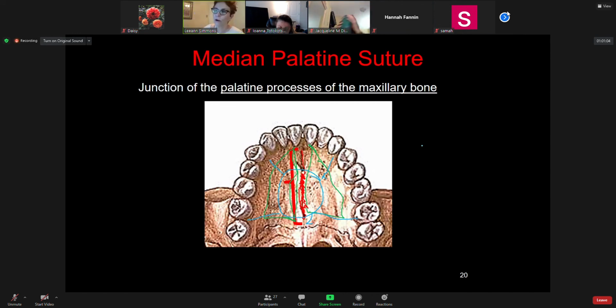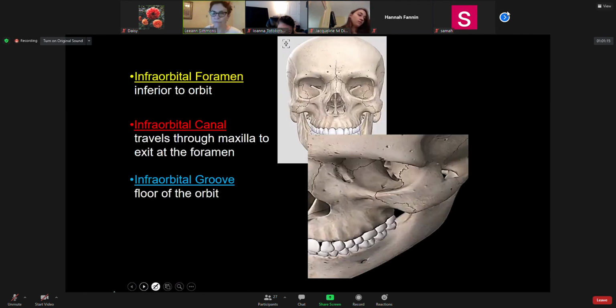And it's quite a process. It's a palatal expansion process. It breaks that suture. And then they hold it in place, bone fills in, it heals up, it's done.